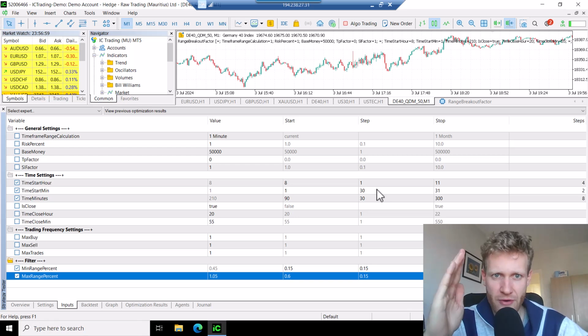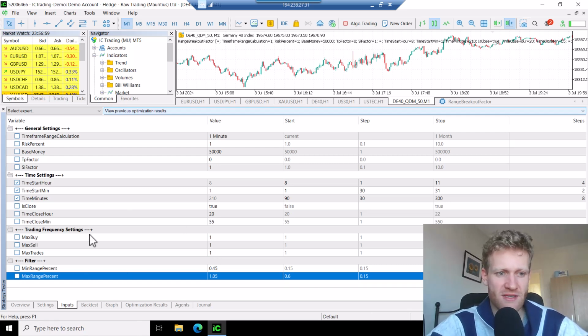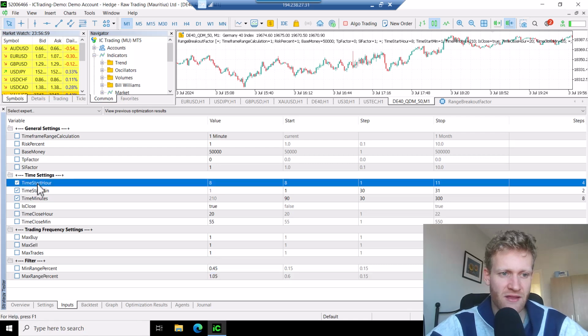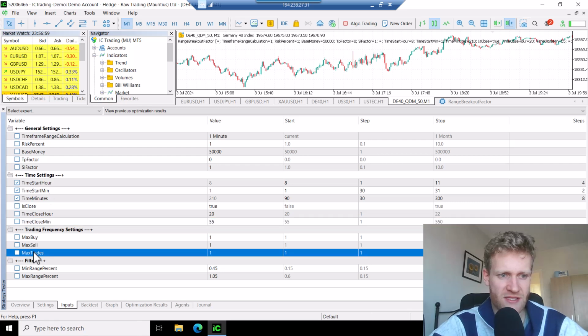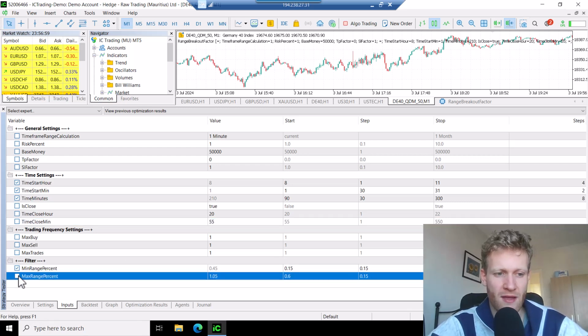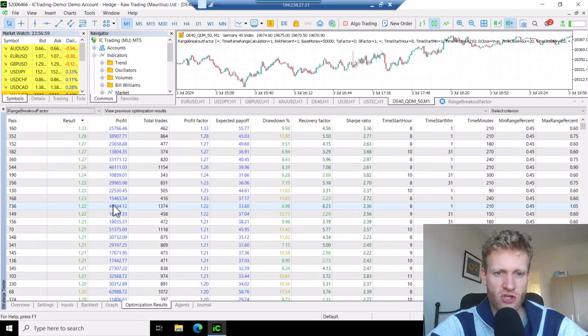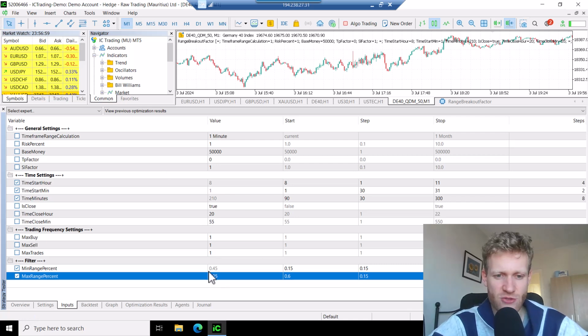In my earlier optimization runs, I did not optimize this because this would just be too much optimization runs. So in my first optimization runs, I just tested the times here, the closing time, and also the max trades. This was in my first runs. And then in my last run, my run that I can also show you the results of, I also tested now the min range and the max range.